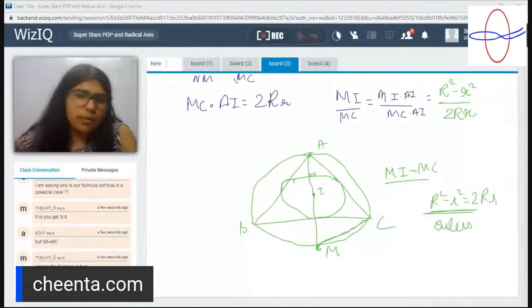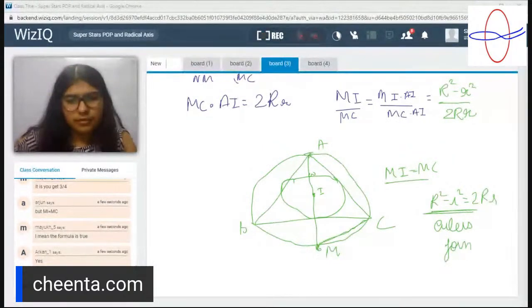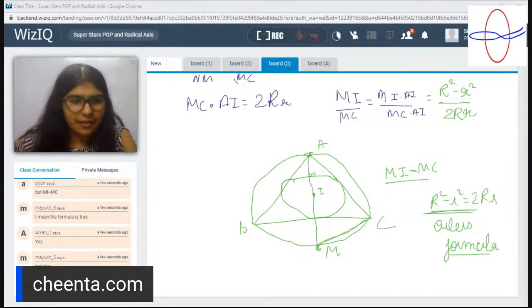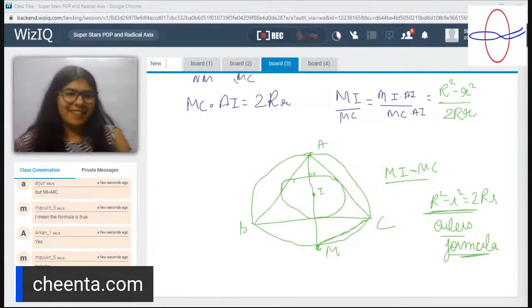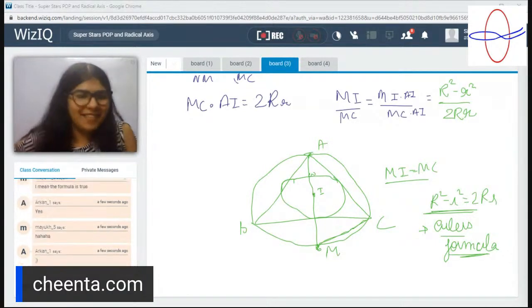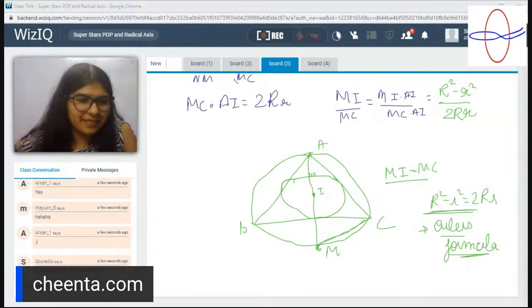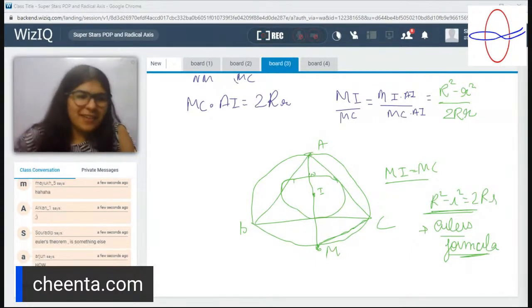Oh wow, we also proved Euler's formula. Euler's theorem or formula, I don't remember. Yeah, Euler has so many things in his name.